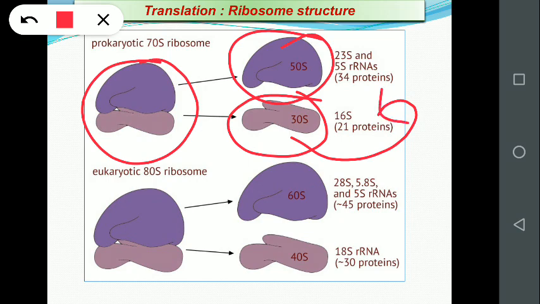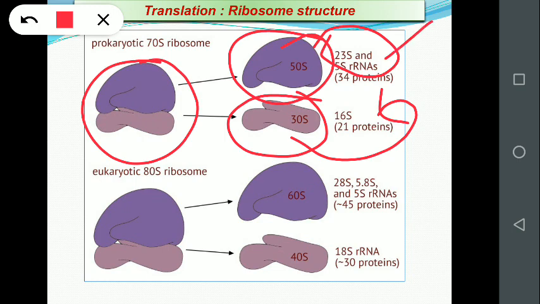This 16S is very important. It should be remembered. We have to remember the type of rRNA which is present in the small subunit and the large subunit also. So the large subunit will always have two different types of rRNAs in the case of prokaryotes.